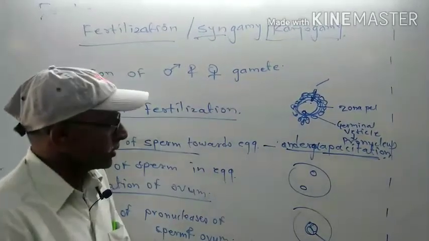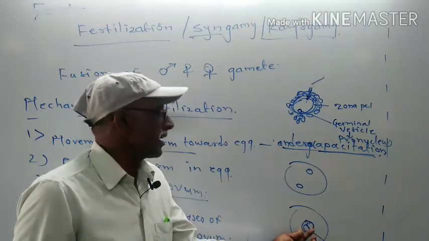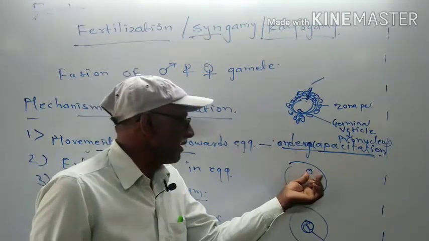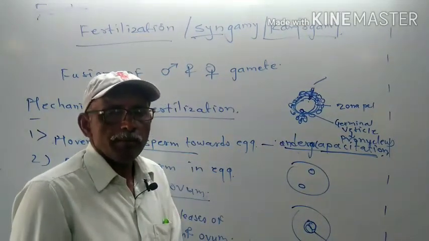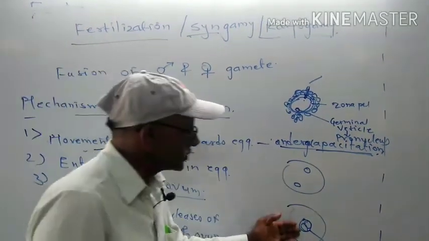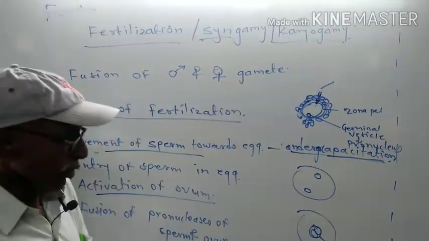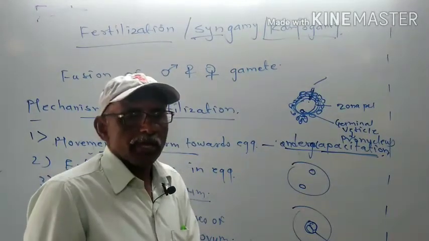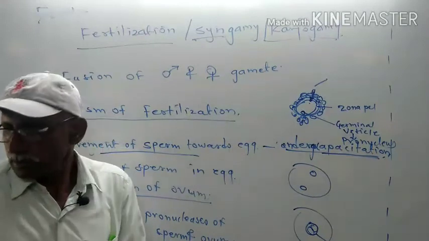In this zygote there is a mixing of the genetic material of the female pronucleus and male pronucleus, and from the zygote the embryo is formed. So in this way the fertilization mechanism happens.